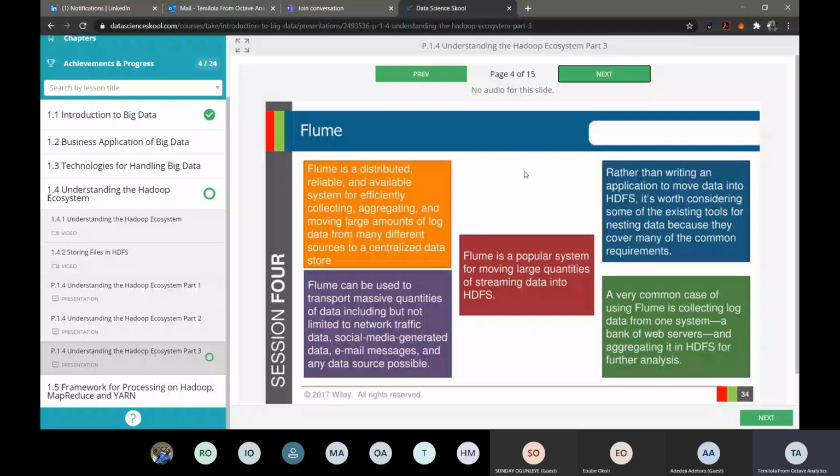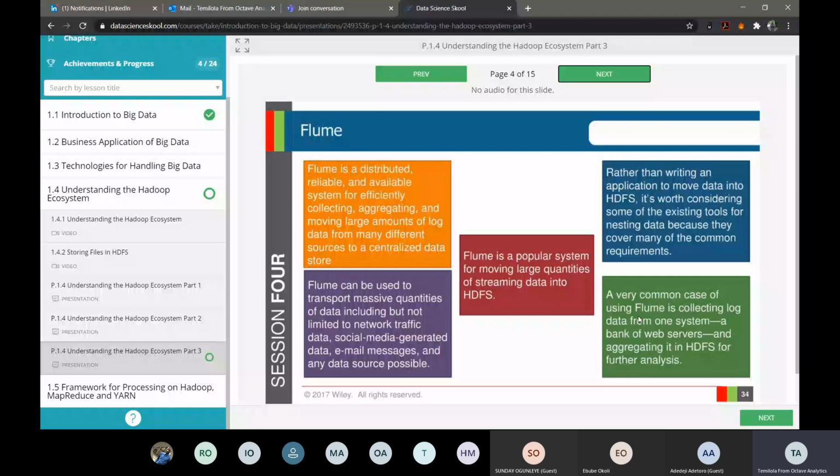The person will be needing Flume to do that. So you can use Flume to transfer massive amounts of data. Just like I said, a very common case of using Flume is collecting big data from one system, let's say a bank of web servers, and aggregating it into your HDFS for further analysis.